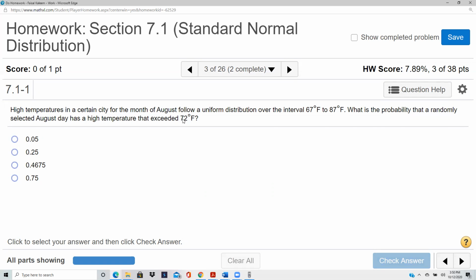So exceeding 72. So now you can draw a number line in these problems. So let's do that. So the total interval is 67 to 87.